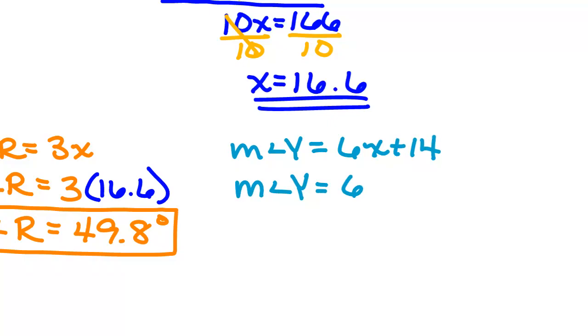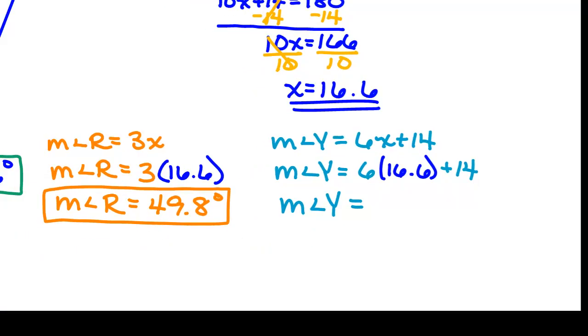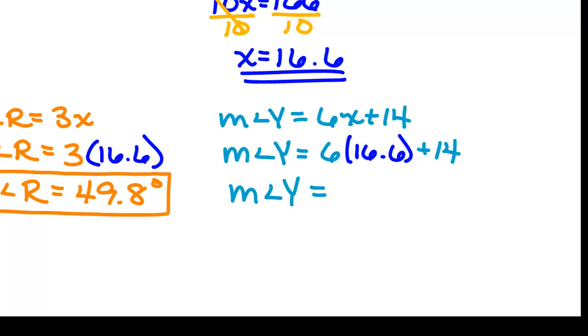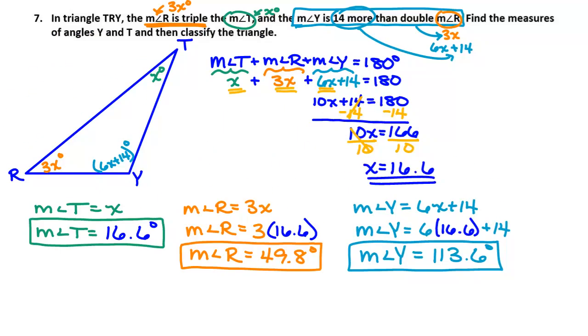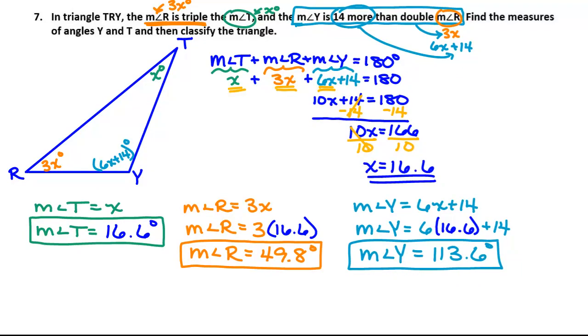So we do 6 times 16.6 plus 14. What do we get for the measure of angle Y? 113.6. So 113.6 degrees.